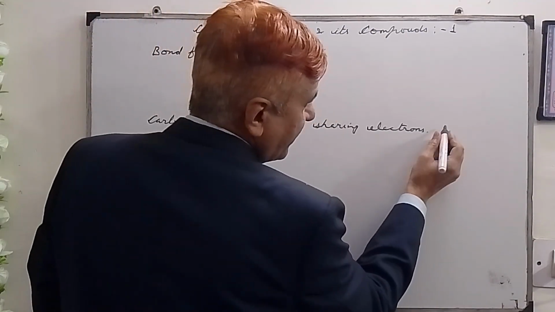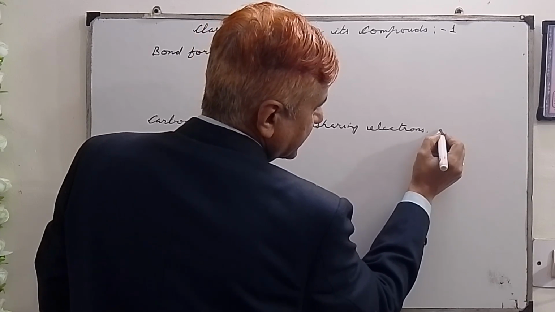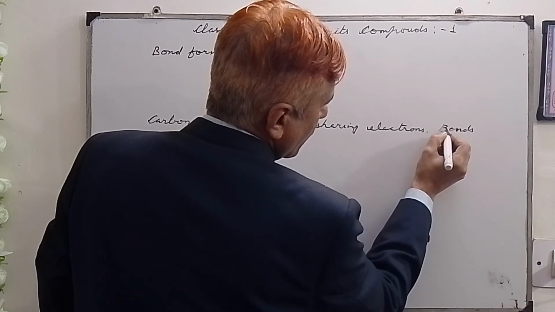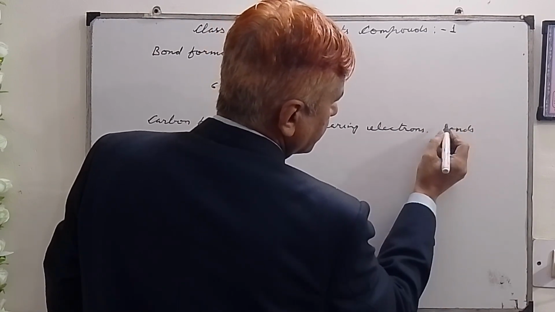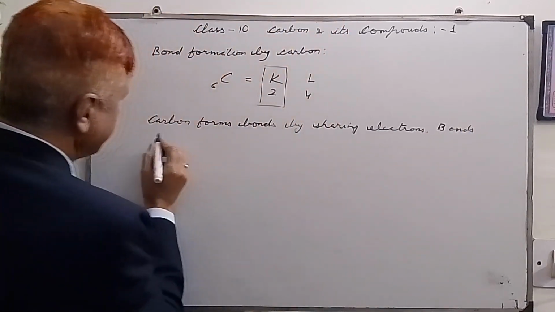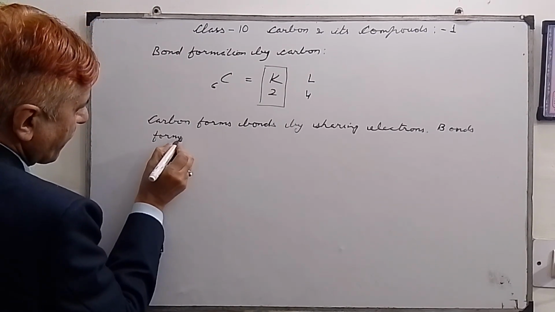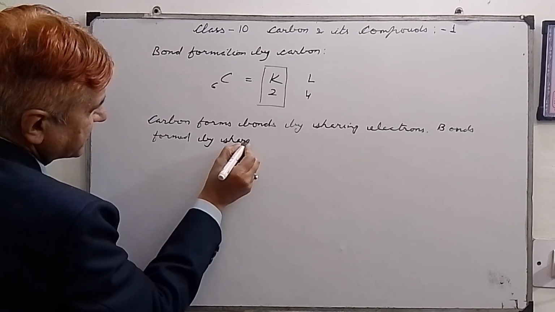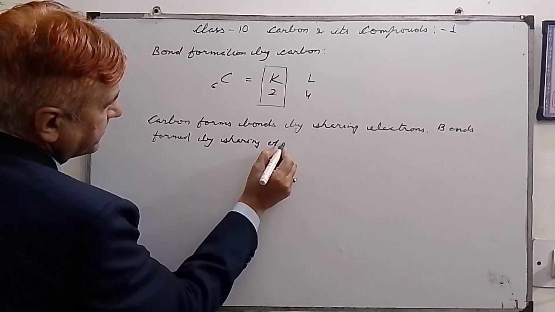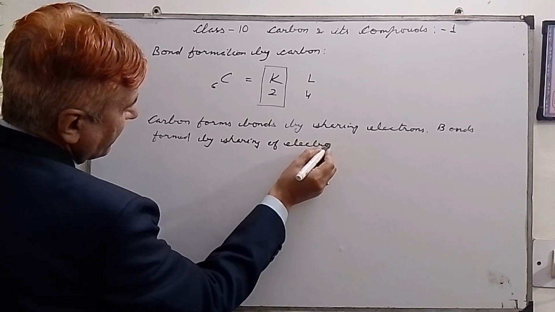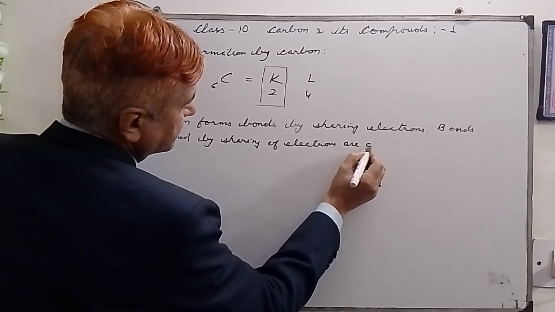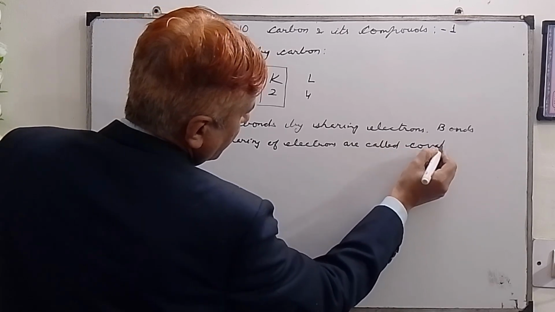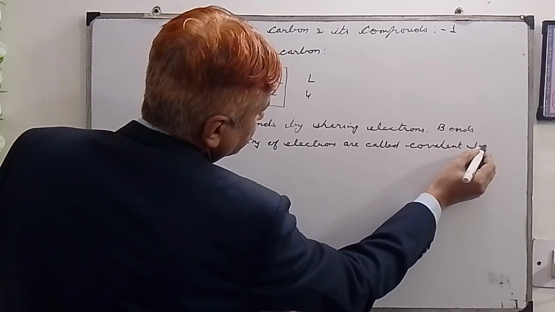Bonds formed by sharing of electrons are called covalent bonds.